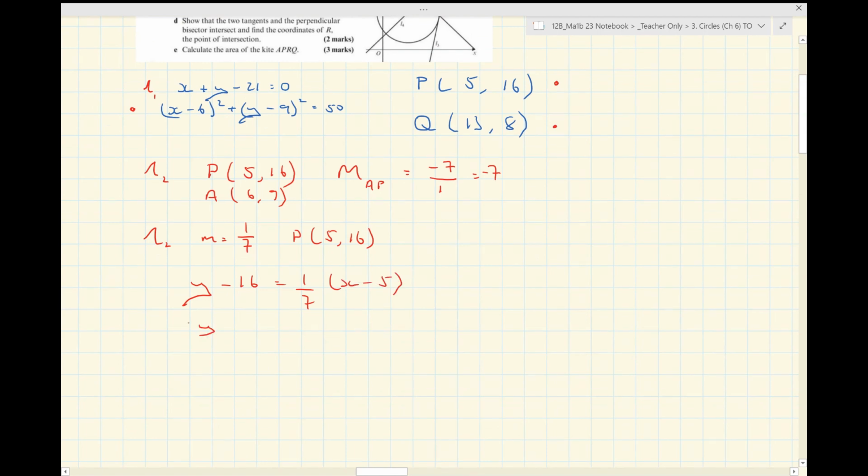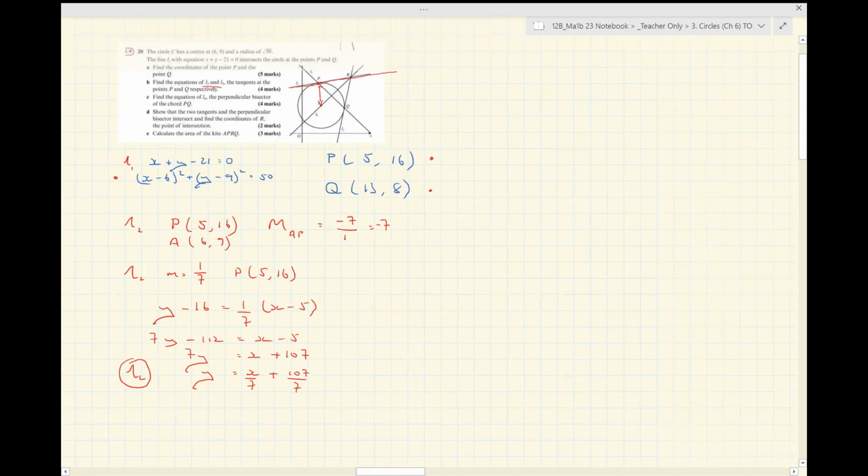So multiply everything by 7. 7y minus 112 equals x minus 5. 7y equals x plus 107. So y is x over 7 plus 107 over 7. And that is the equation of L2.